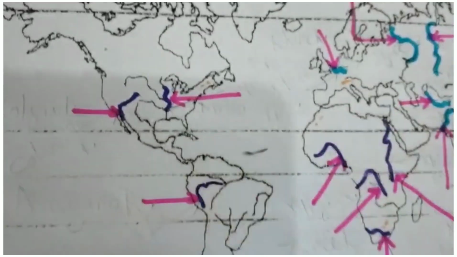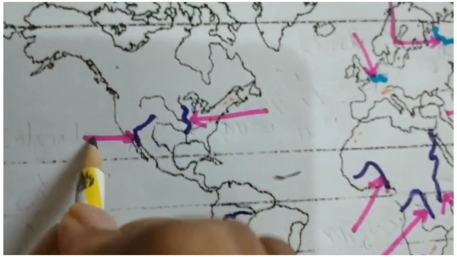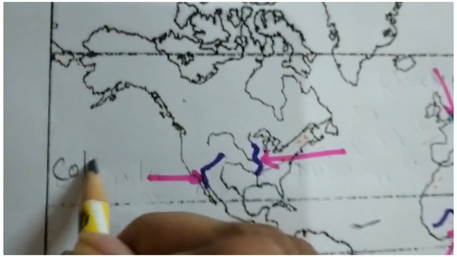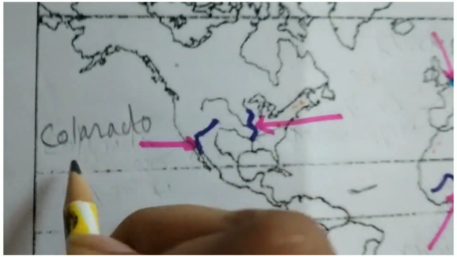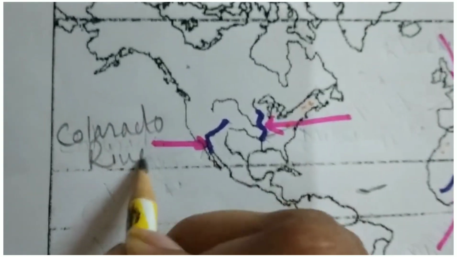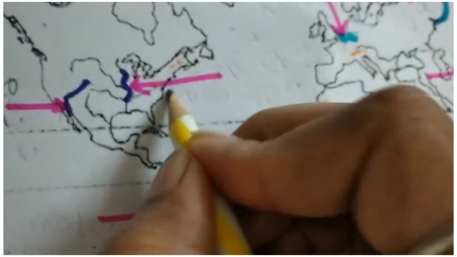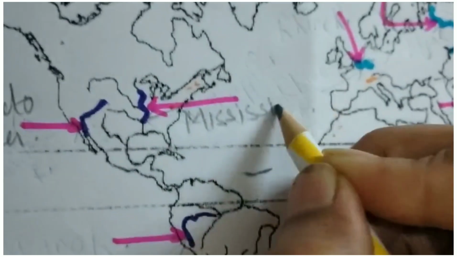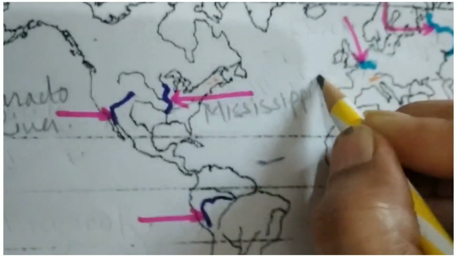I'll start from the west side. This is the first river, Colorado River. This one opposite is Mississippi River.